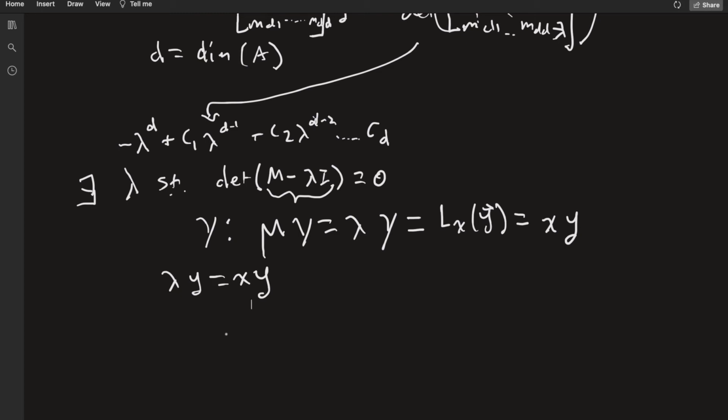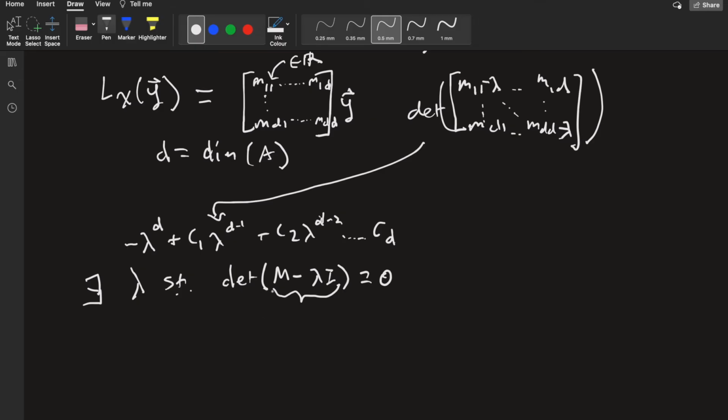And what can we do with it? Okay, so all we're saying is that the kernel of this matrix is not trivial. Therefore, we can find at least one vector, we'll call it gamma, such that M gamma equals lambda gamma.